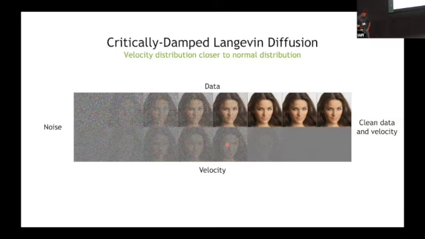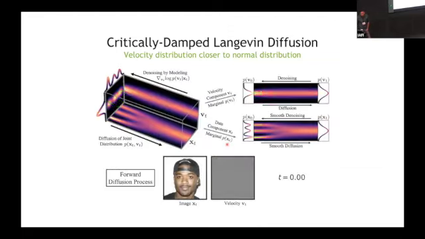Because ultimately you have to learn scores of the system. And if your velocity is closer to a normal distribution, it might be easier to learn a network for it, right? Because it's not such a sharp distribution, essentially. Here's another visualization of that, an interactive one. You can see how the velocity component always is kind of noisy. So these are some images.